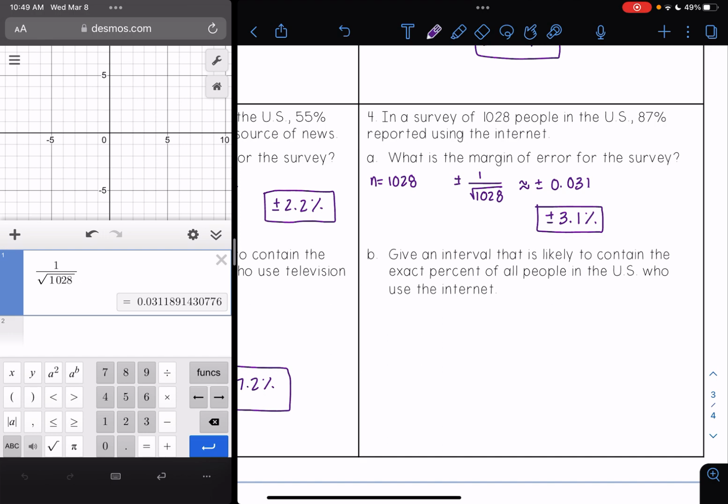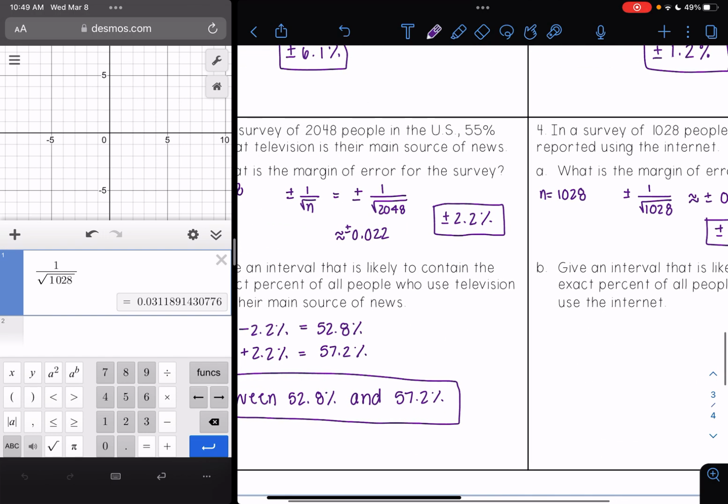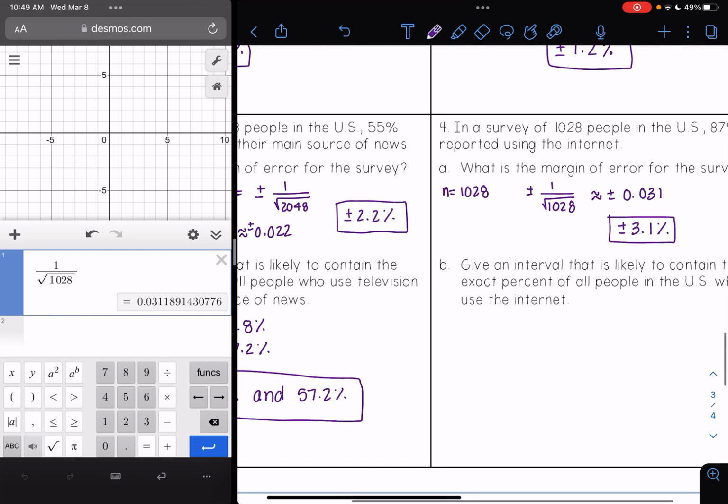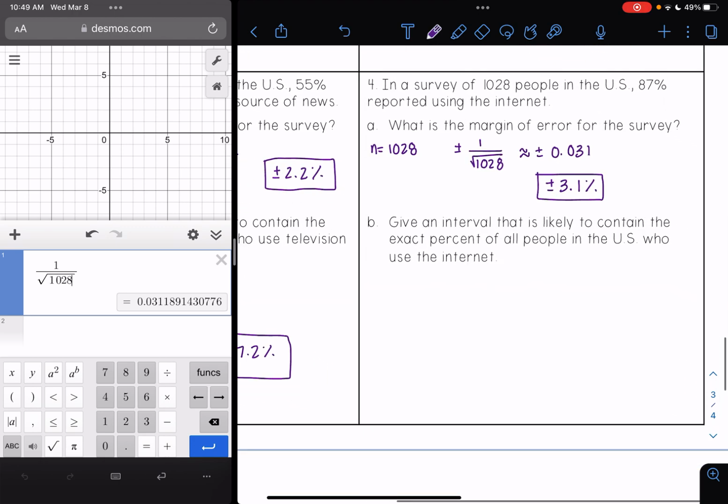I see my sample size here was smaller than the previous one, and so my margin of error here is larger. Lastly, I want to give an interval that is likely to contain the exact percent of all people in the U.S. who use the internet. My margin of error tells me how much to add and subtract from the percent found during the survey, which was 87%. I first subtract 3.1%.